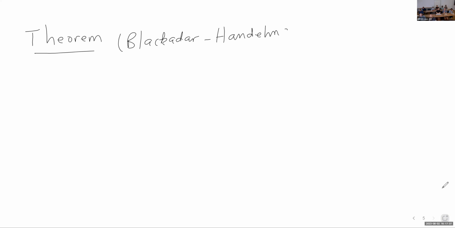The theorem is due to Blackadar, Handelman, Haagerup, and also Blackadar and Kumjian, which is that if A is a simple and exact C-star algebra, then as I said, stably finite is equivalent to the space of tracial states being non-empty.